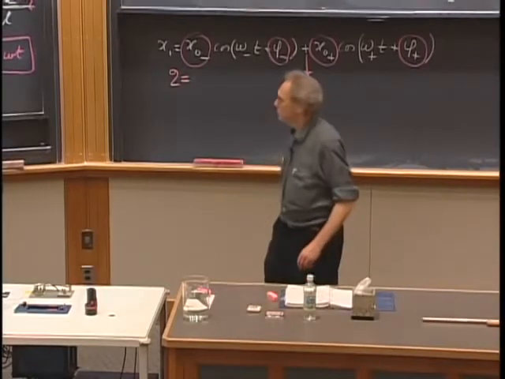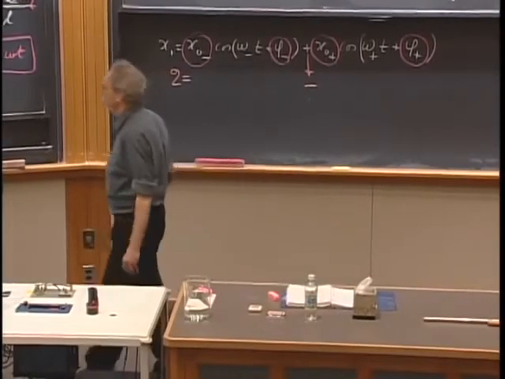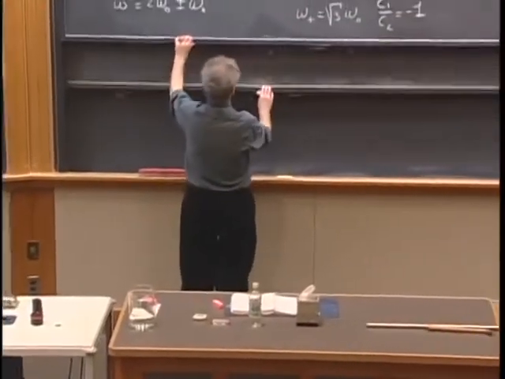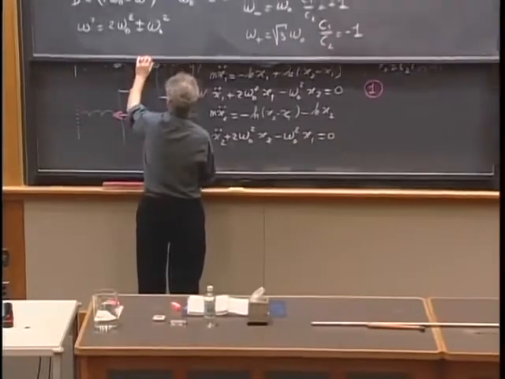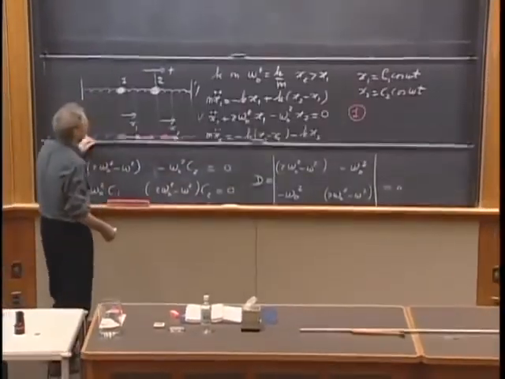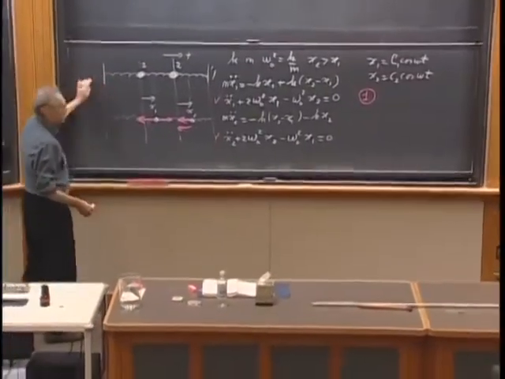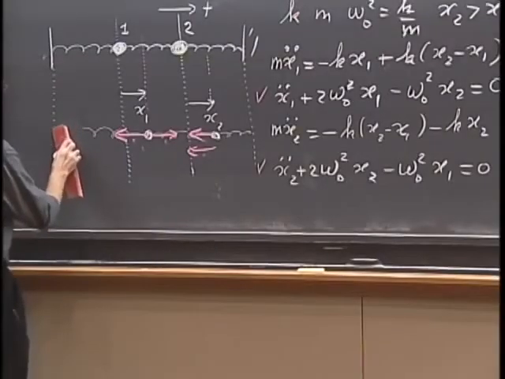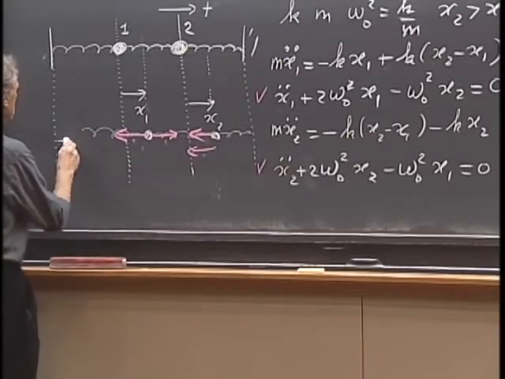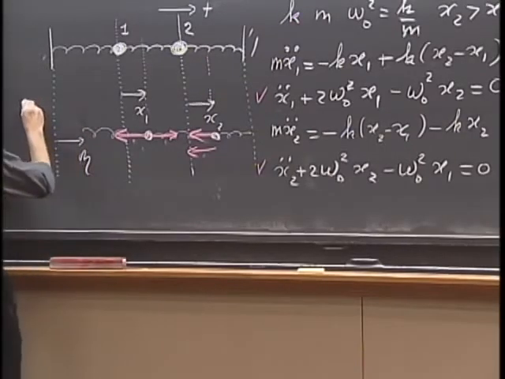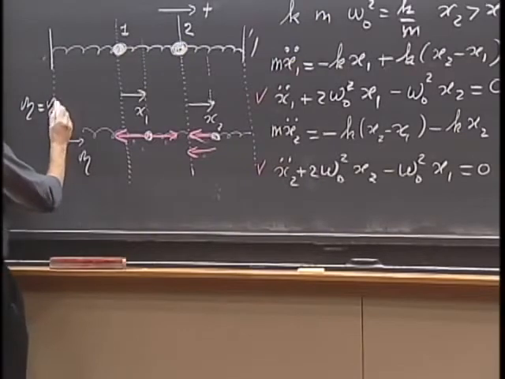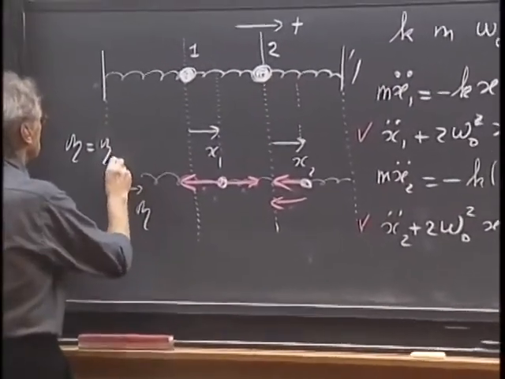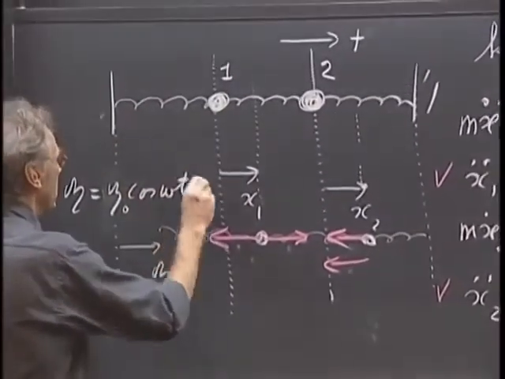So now we're going to drive the system. So now we go back to where we were, and I'm going to drive this end with my hand. This is eta, and eta equals eta 0 times cosine omega t.